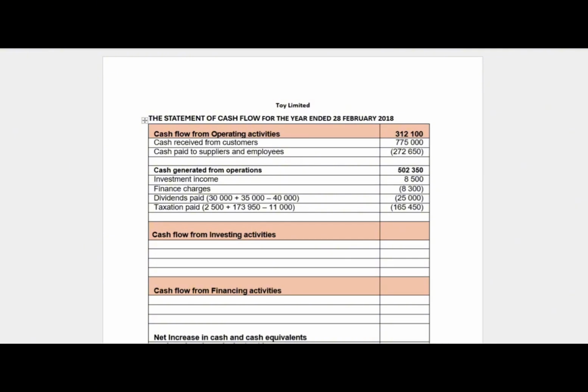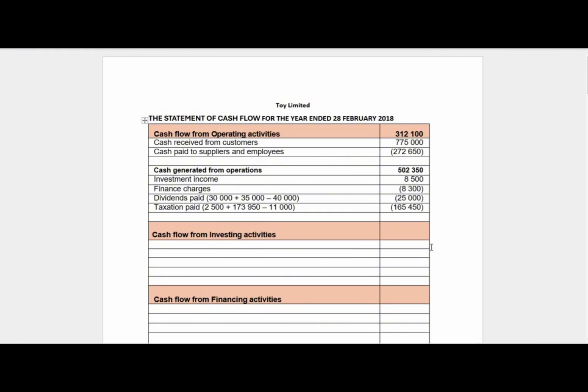So we are done with cash flow from operating activities, and we have to go and do the calculations for the cash flow from investing activities. We are going to jump straight to the investing activities, right?